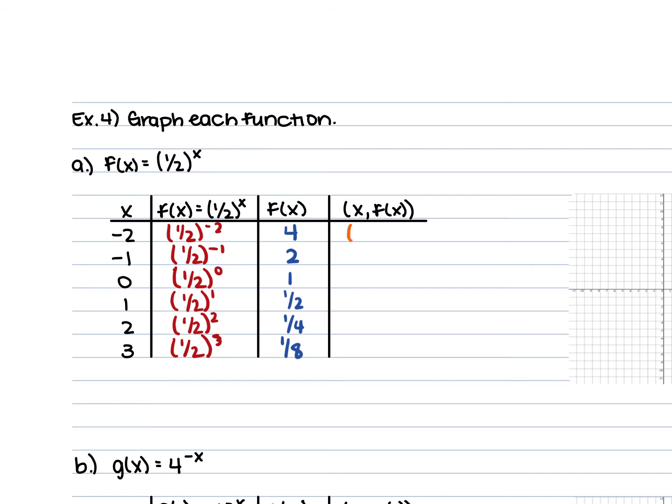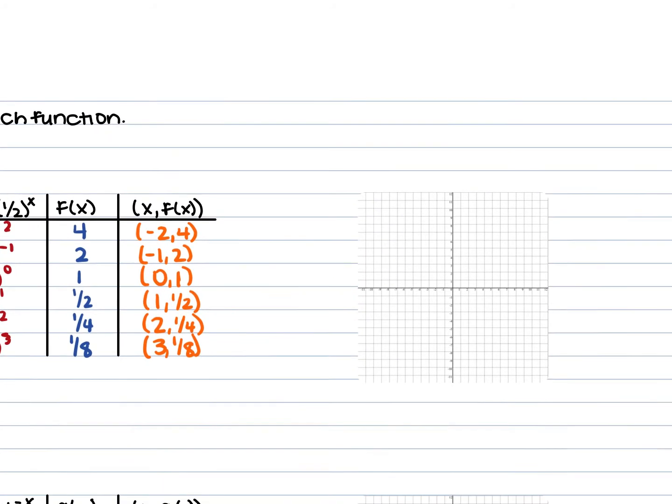So this gives us our ordered pairs of negative 2, 4, negative 1, 2, 0, 1, 1, 1/2, 2, 1/4, and 3, 1/8. So again, we just plot those points.